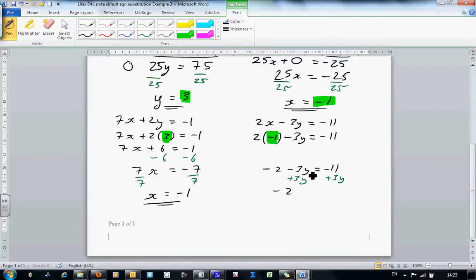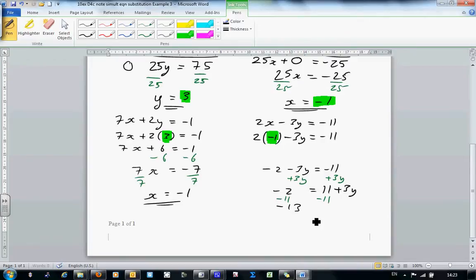No, that doesn't look right. Oh, that's right. This is negative 11. Apologies. So that will be adding to both sides. So, starting again, this is negative 11 here.